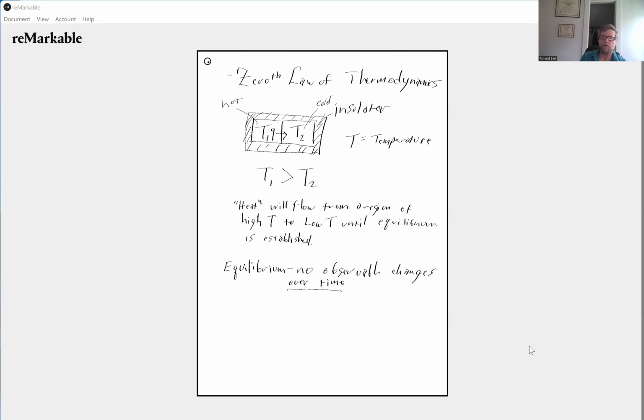We're going to discover that every law comes up with a new concept and a new equation. The zeroth law of thermodynamics gives rise to the concept of heat, which we define as Q, some quantity of heat.